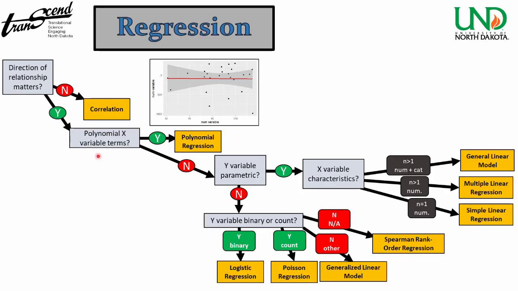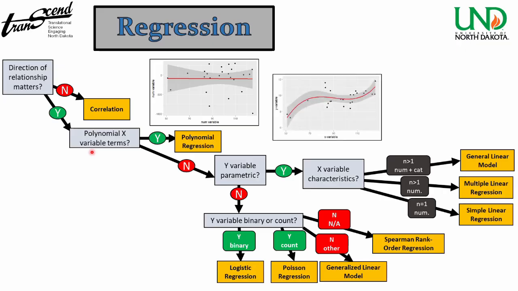you can ask another question: do you have polynomial x variable terms? If yes, you have something called polynomial regression. This is a little complicated to begin with. Typically, the simplest regression is simple linear regression, but I thought we'd just cover this quick on the way here.